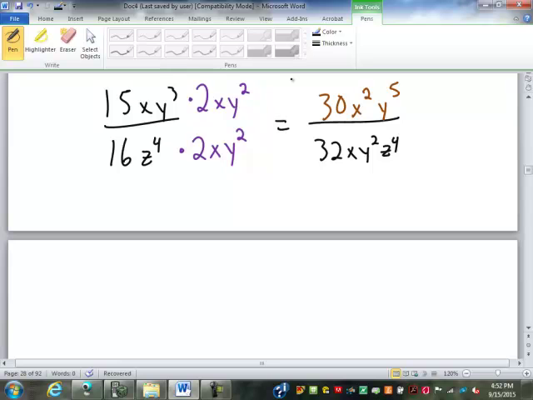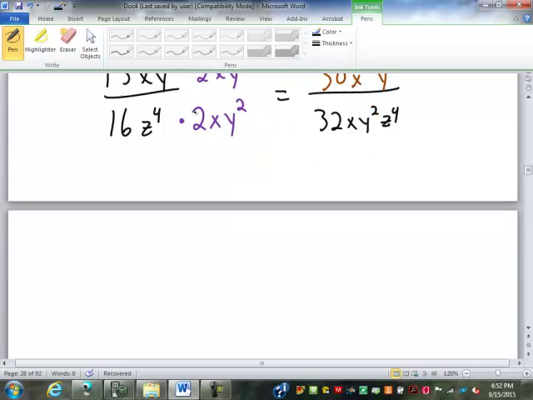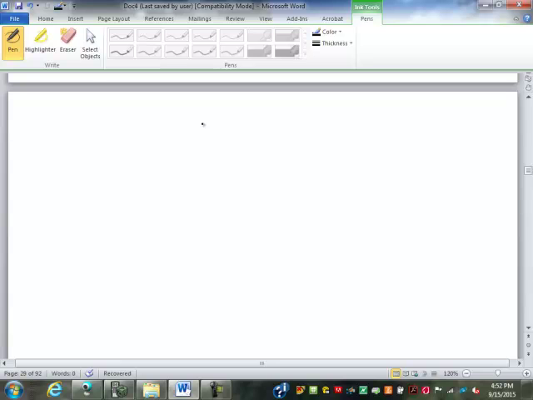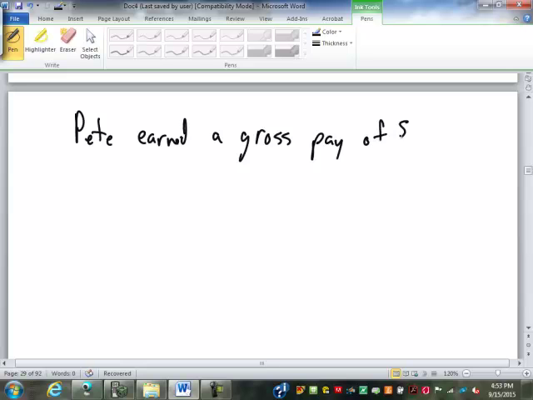Okay. Well, some other applications of our fractions, to get back into the numbers again, more of the real world, we could look at fractions within word problems. For example, you might have Pete earned a gross pay of $42,000 last year.